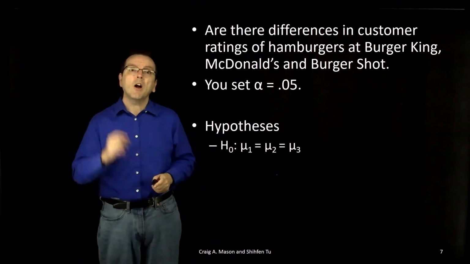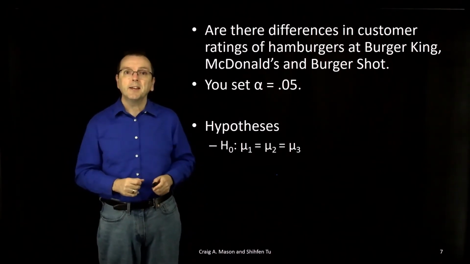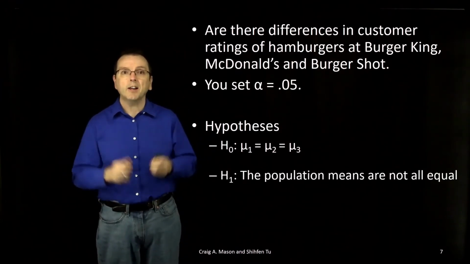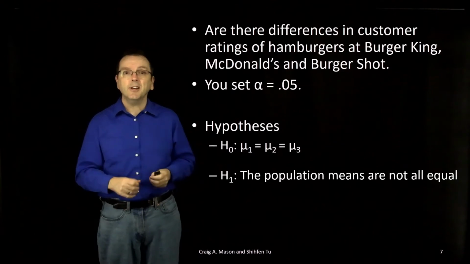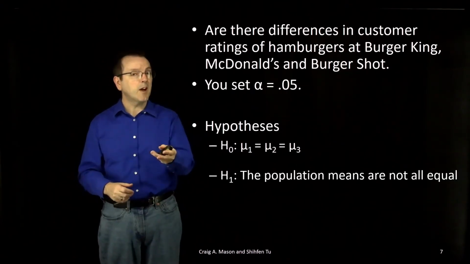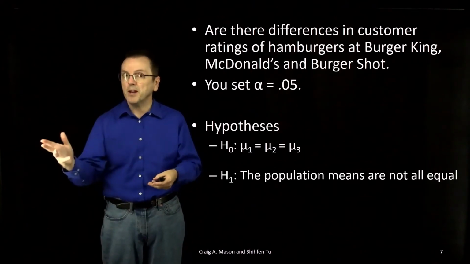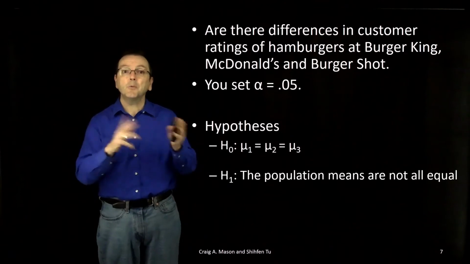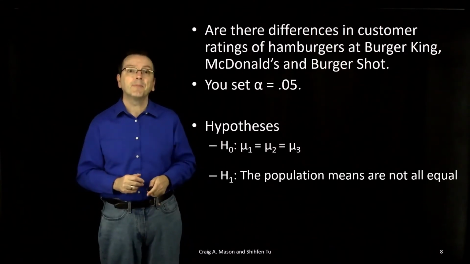And in this case, our alternative hypothesis is that the population means are not all equal. In English, the mean rating for Burger King customers and the mean rating for McDonald's customers and the mean rating for Burger Shot customers are all not the same. At least one of them is different.